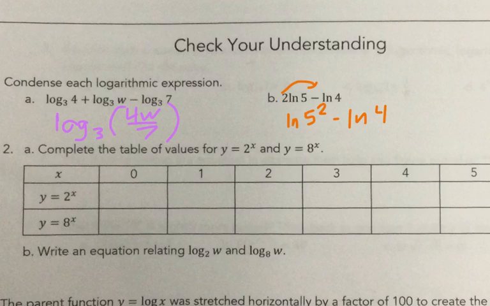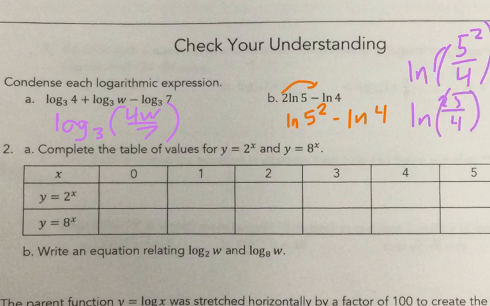So before I can do the subtraction of logs, I must make sure there are no coefficients of those logs. So I need to move it up to be an exponent first. And then this is the natural log of 5 squared over 4. Or you could write that as 25 over 4. Either one of those, that's fine.